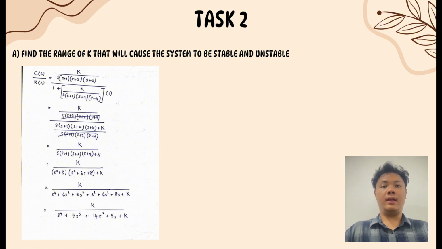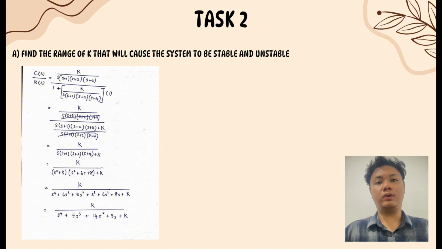After that, we get the result K over s^4 plus 6s^3 plus 8s^2 plus s^3 plus 6s^2 plus 8s plus K, and we can simplify it to K over s^4 plus 7s^3 plus 14s^2 plus 8s plus K.